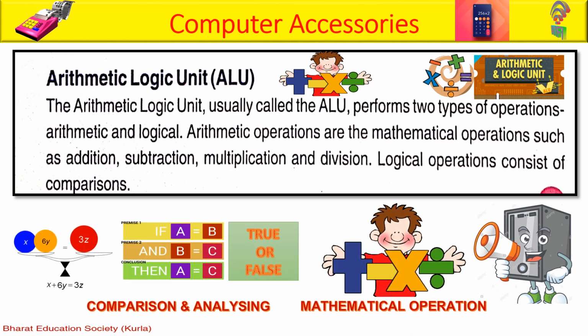So let us learn about arithmetic and logic unit, that is ALU. The arithmetic and logic unit is used to perform the operations such as addition, subtraction, multiplication, division, etc., as well as the logical operations such as comparison, greater than, equal to, less than, equal to, etc. Arithmetic and logic is a circuit of the CPU that deals with all the logical and mathematical operations that are performed by CPU.